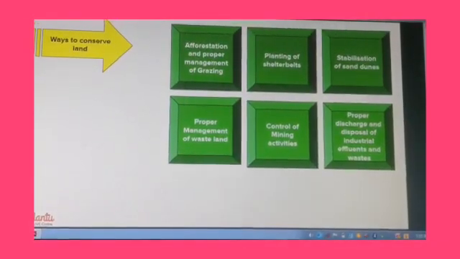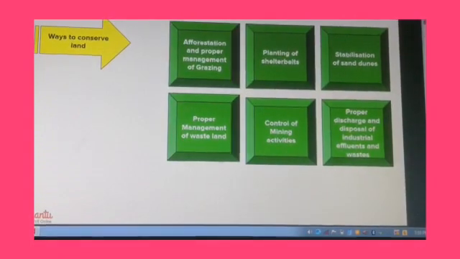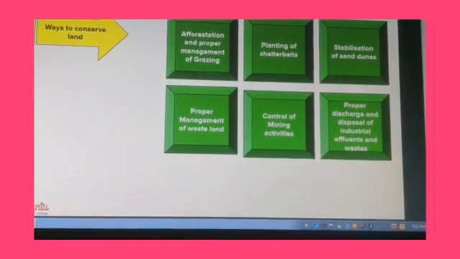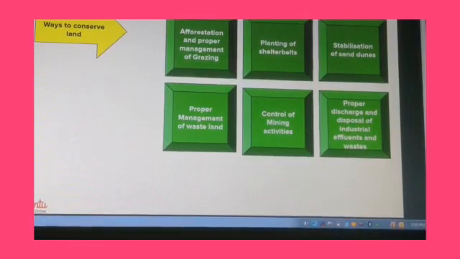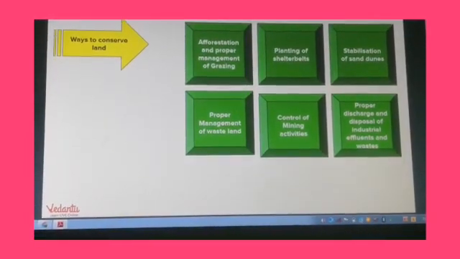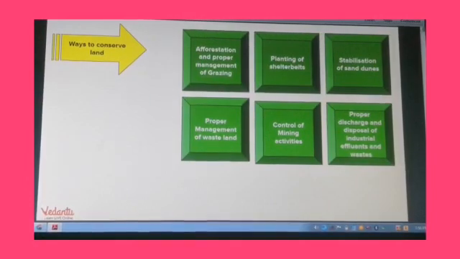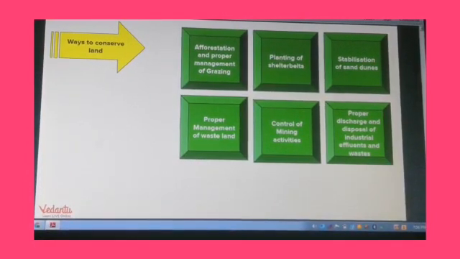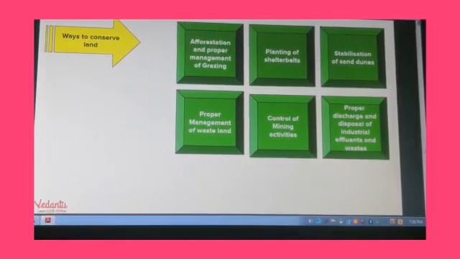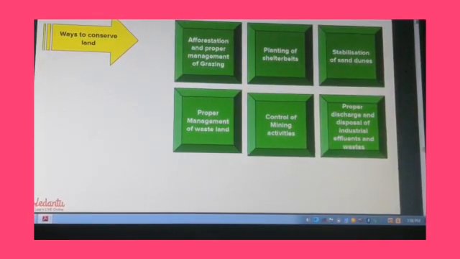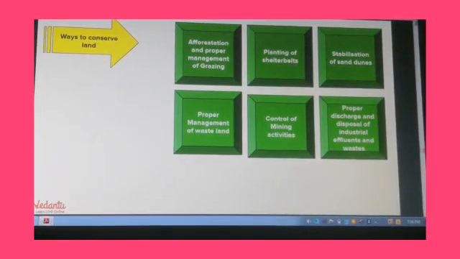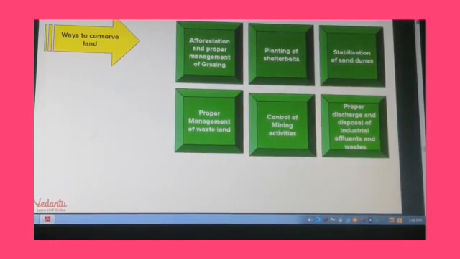First, afforestation and proper management of grazing, planting of shelter belts, stabilization of sand dunes, proper management of wasteland, control of mining activities, and proper discharge and disposal of industrial effluents and wastes.